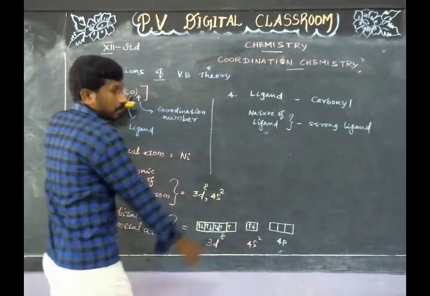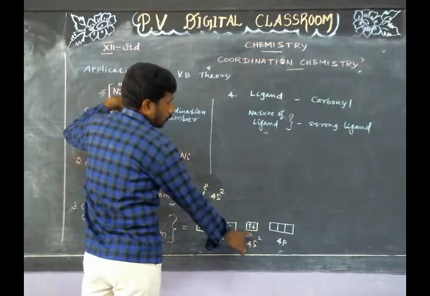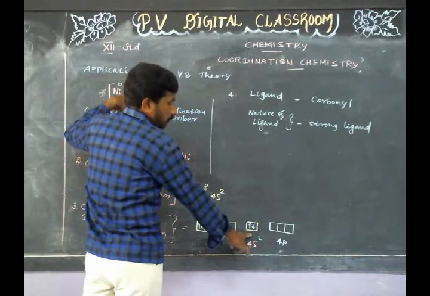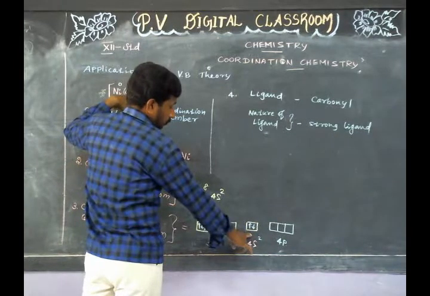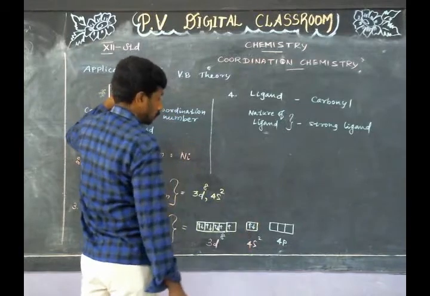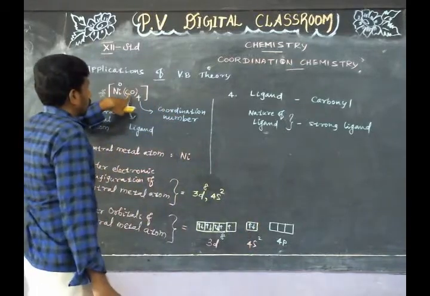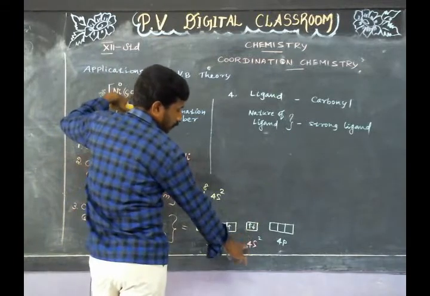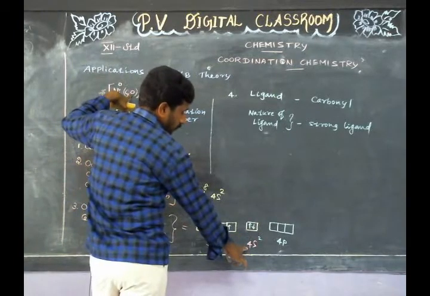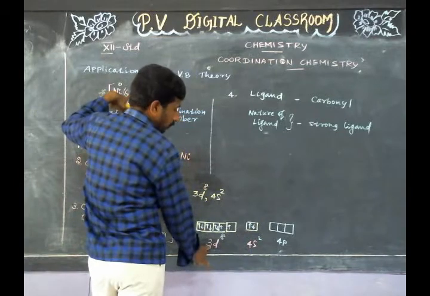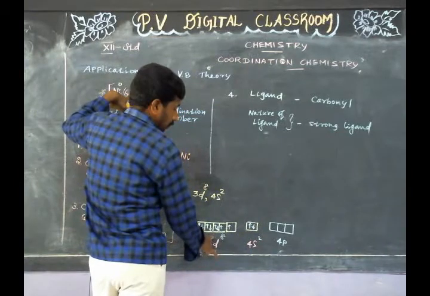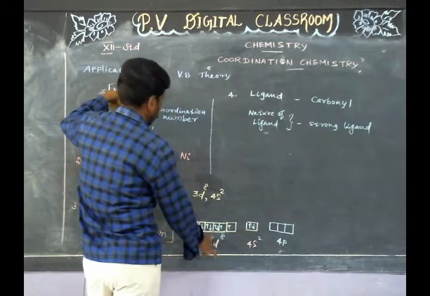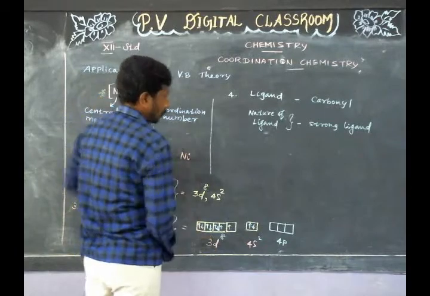This carbonyl ligand causes pairing of electrons. This carbonyl ligand causes pairing of 4s electrons with 3d electrons of the central metal atom.